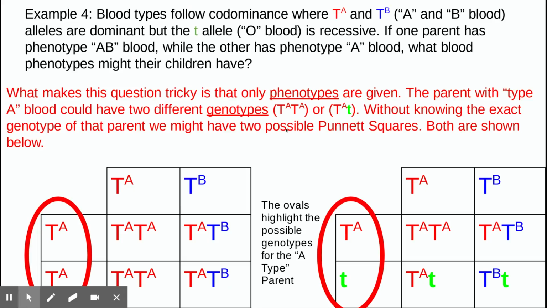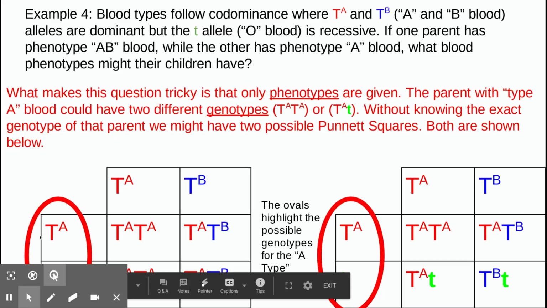What are all the possibilities? All right, this one gets tricky because the question did not hand us the genotype of both parents. The AB parent must have an A and a B. So that's simple enough. But the other parent, the one that just has A blood type, that's the phenotype. It doesn't actually tell us the full genotype. So here, I actually have to make 2 Punnett squares.